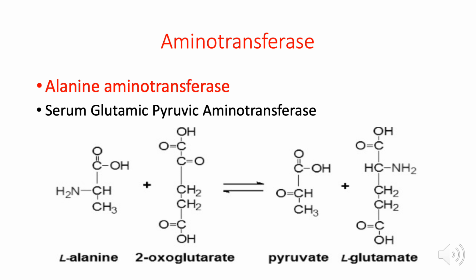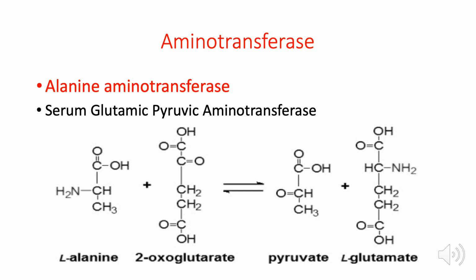That is the alanine aminotransferase. From the name of the enzyme, it will transfer the amino group of alanine to another substrate. So what substrate is that? The alpha ketoglutarate. You have here in the reaction alanine and alpha ketoglutarate, and the amino group of alanine will be transferred to alpha ketoglutarate.